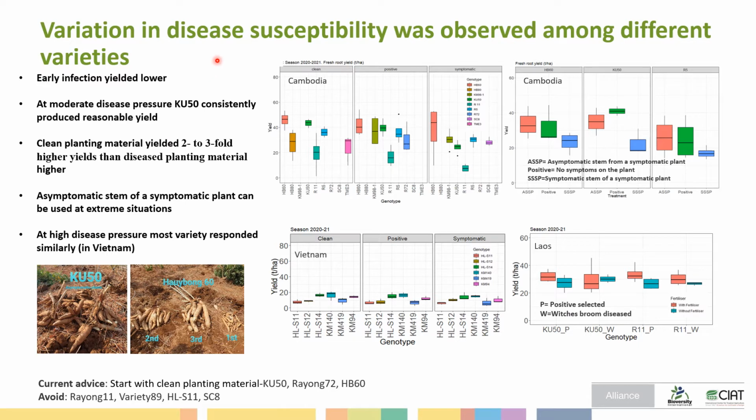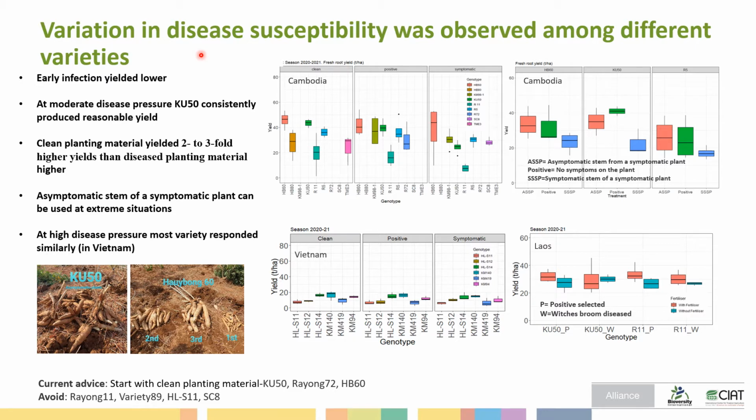Here is the summary of all the results from activity 4.2, from experiments done in 3 different countries. We saw that early infection gave lower yield for CMD, and that is also true for CWBD, but we don't have enough data to conclude that.